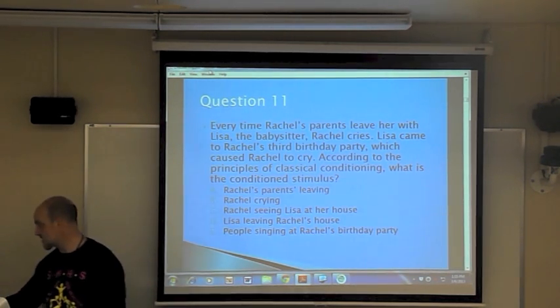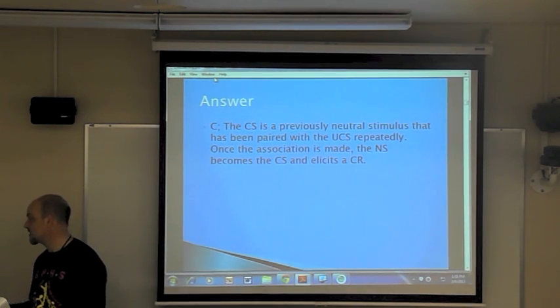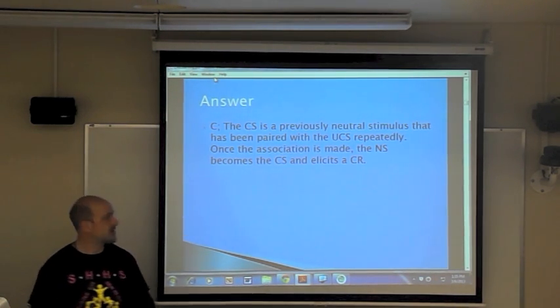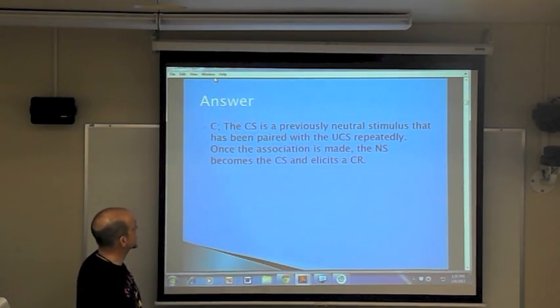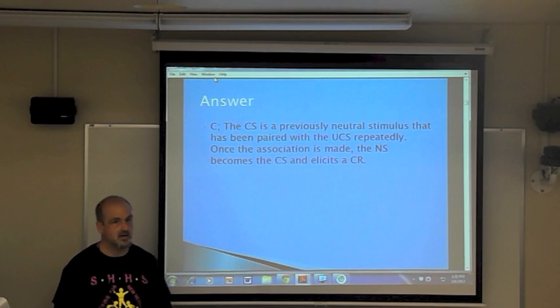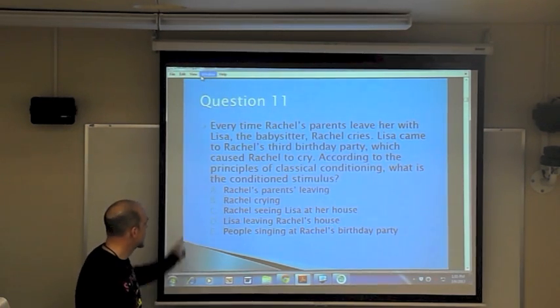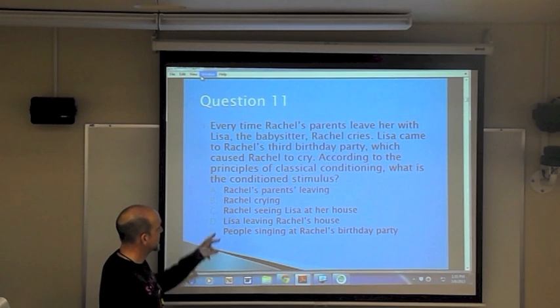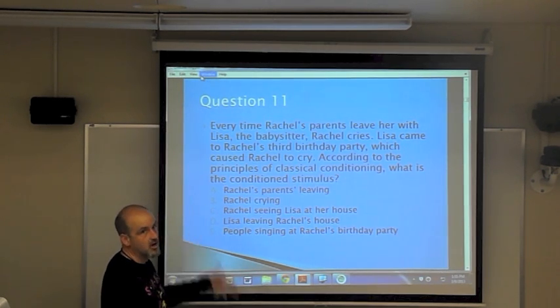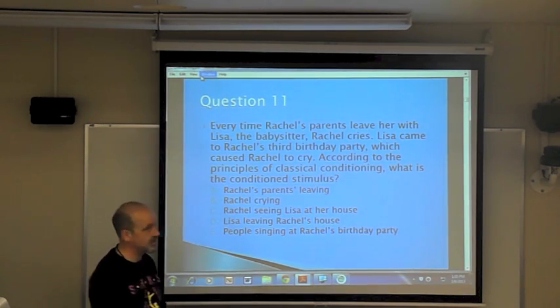Now most of you would have picked, okay, letter C. The conditioned stimulus is a previously neutral stimulus that has been paired with the unconditioned stimulus repeatedly. Once that association is made, the neutral stimulus becomes the conditioned stimulus. So again, going back to this, Rachel seeing Lisa at her house. Every time Rachel sees Lisa, she knows that her parents are going to leave.